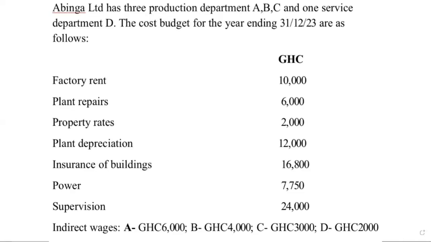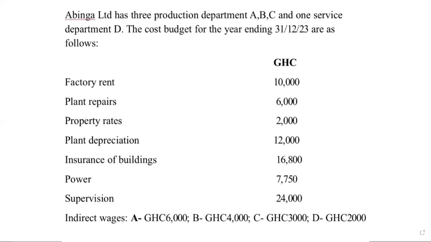Abinga Limited has three production departments, A, B, and C, and one service department, D. The cost budget for the year ending 31st December 2023 are as follows.